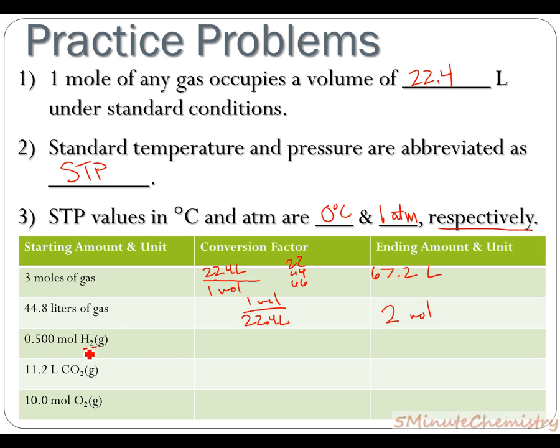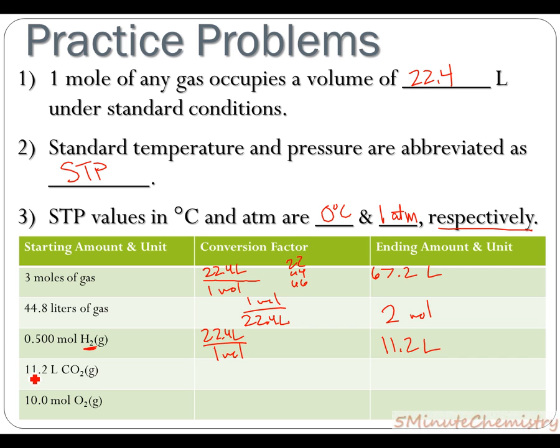Now we're being specific about what kind of gas, but it doesn't make a difference. 0.5 moles of H2, so moles are what I start with. I want to cancel 1 mole for every 22.4 liters. 0.5 times 22.4, half of 22.4, is 11.2 liters.